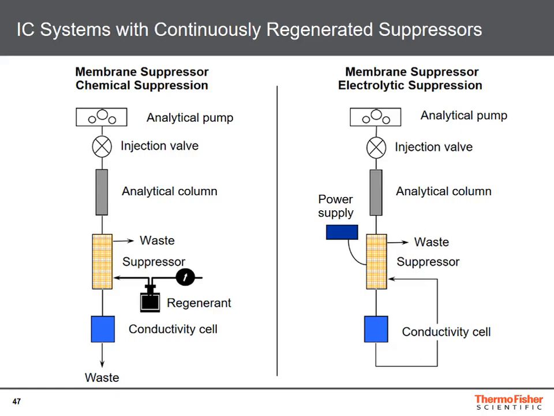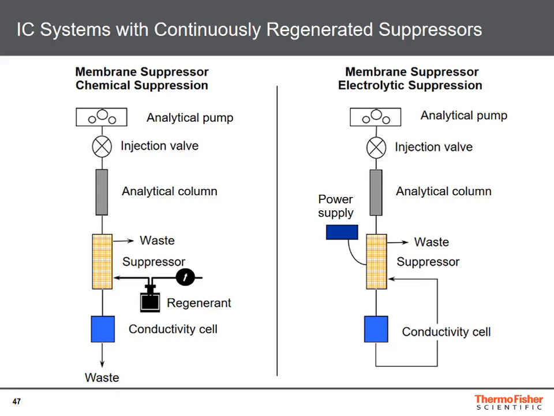On the other side, you see the possibility of electrolytically regenerating this suppressor device, and we do this by redirecting the water coming out of the conductivity cell into the regenerant chamber of the suppressor. If we again apply an electric field between two different electrodes, we can split these water molecules into hydronium and hydroxide ions, which we need for the regeneration process.